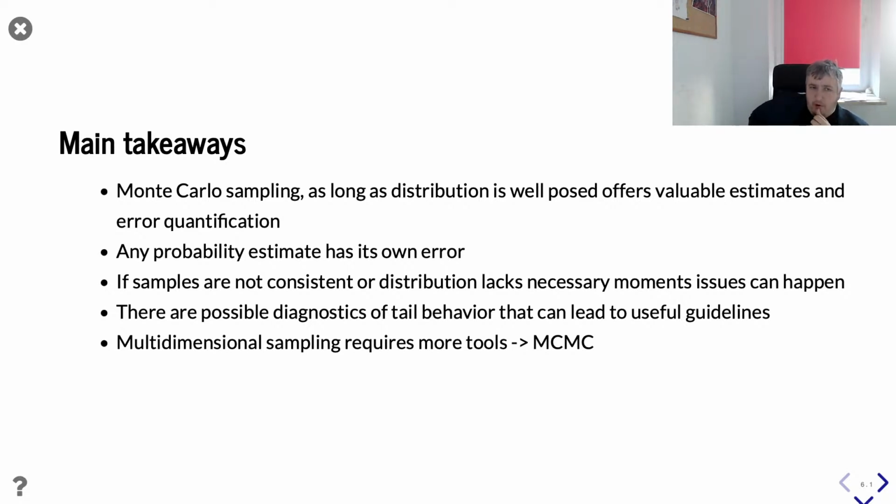Of course, each probability estimate has its own error, called the Monte Carlo standard error. And we need to be aware that the statistics derived from our samples have some errors. Those errors are normally distributed in most cases, and inversely proportional to the number of samples.